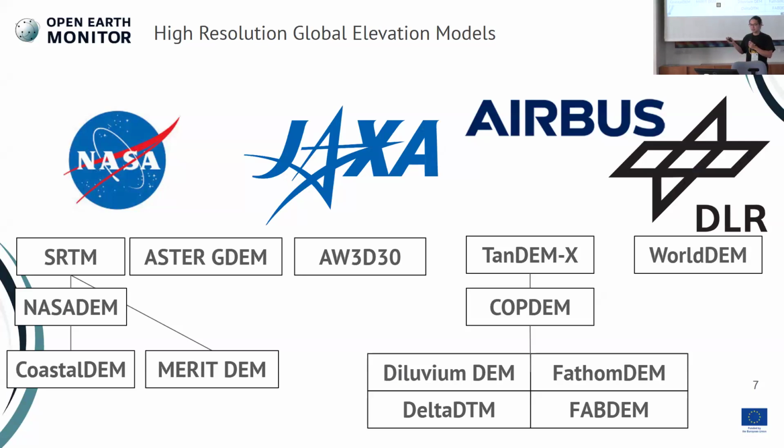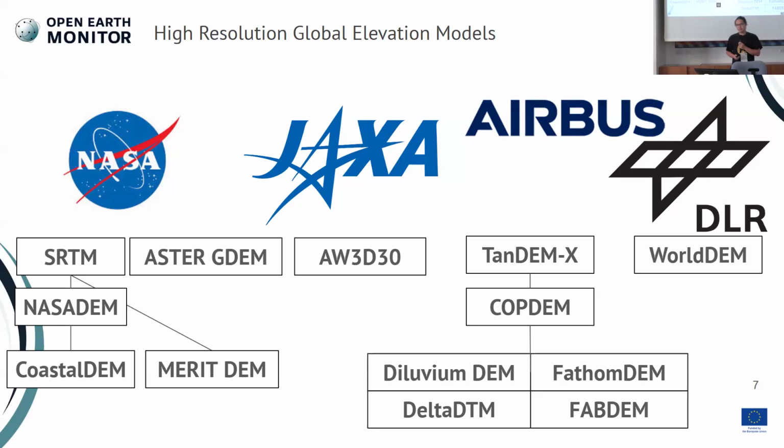Airbus and DLR have TanDEM-X and Copernicus DEM, which could be the most recent official global elevation model. And based on the Copernicus DEM, there are a lot of other digital terrain models which remove the vegetation and buildings, like the Oliver DEM, Delta DTM, and FABDEM. And for commercial products, DLR produces WorldDEM at 5-meter resolution.